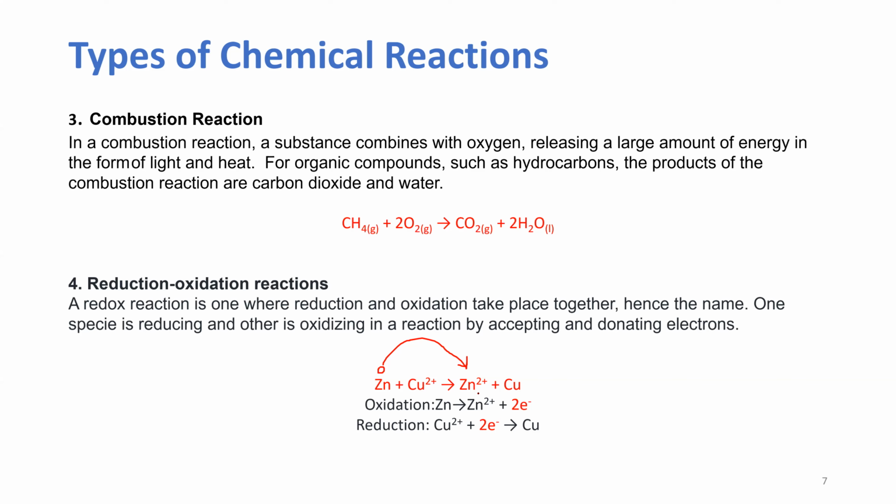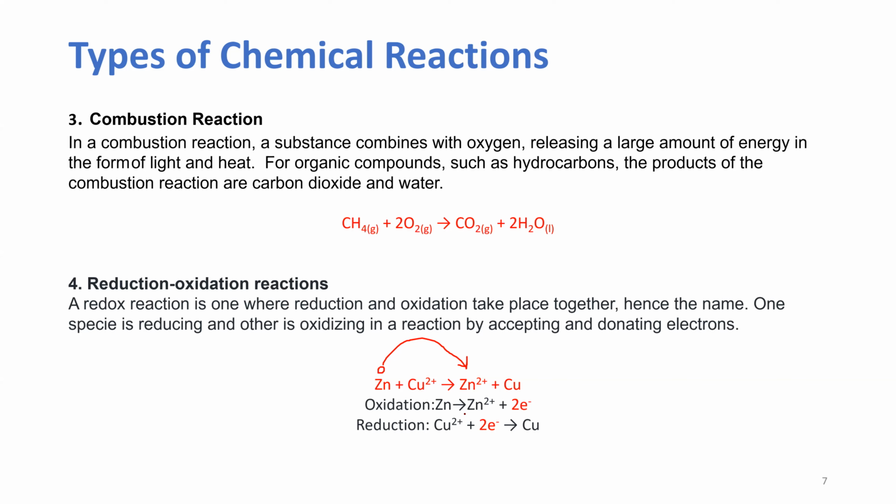So it has given or donated these electrons to other species. From 0, where it was neutral, it is now deficient by 2 electrons, so it has eliminated 2 electrons.